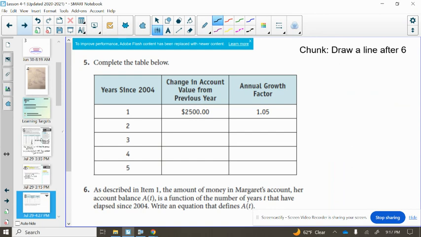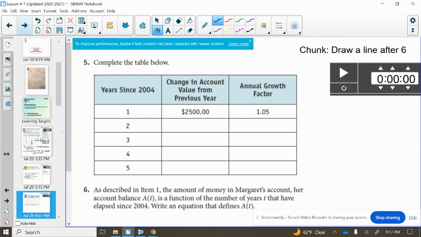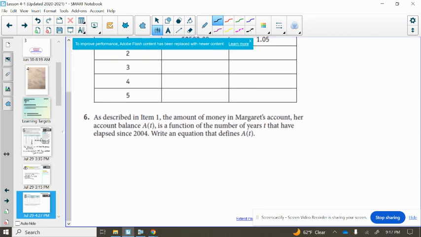So again, you can take different amounts and still invest and look at those accounts.